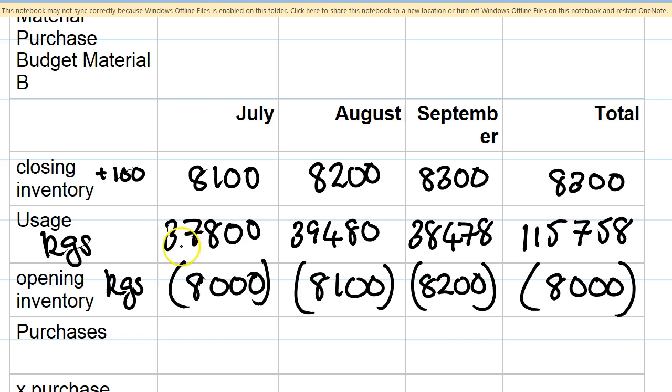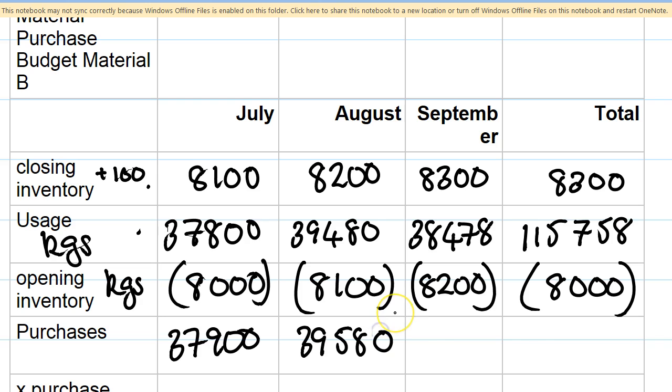So all we need to buy is enough for our usage plus our closing inventory less our opening inventory, and that will give us what we have to buy in kilograms. 37,900 kilograms in July, 39,580 kilograms in August, 38,578 kilograms in September, and in total that will give us 116,058 purchases in the 3 months to the end of September.